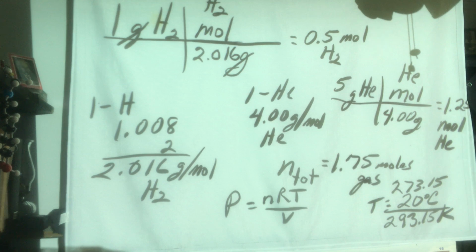So now we have the volume, we have the number of moles, we have the temperature, and we are using the gas constant of R equals 0.08314 bar liters per mole Kelvin.